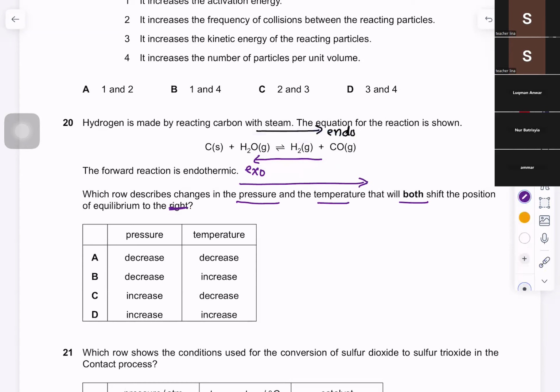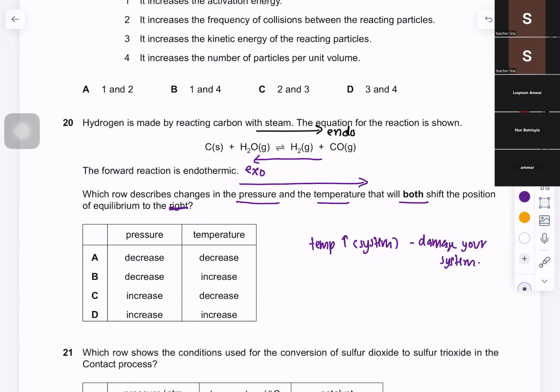Kalau temperature increase. So ni temperature increase. Ni temperature system tau. You kena ingat kalau temperature system tu increase, dia boleh what we call damage your system. They can damage your system.